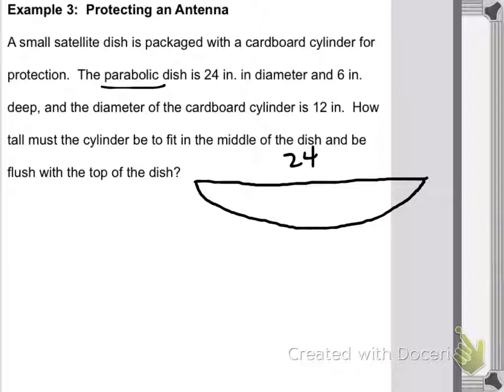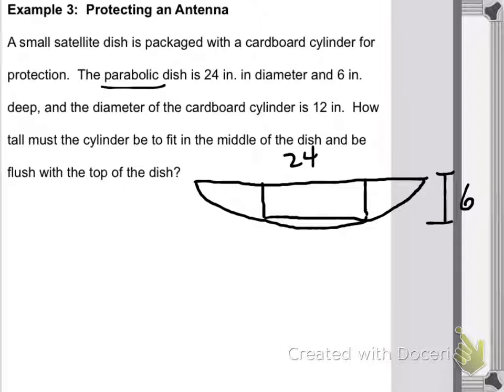Now, here's the cardboard. It's 24 inches across and 6 inches deep.